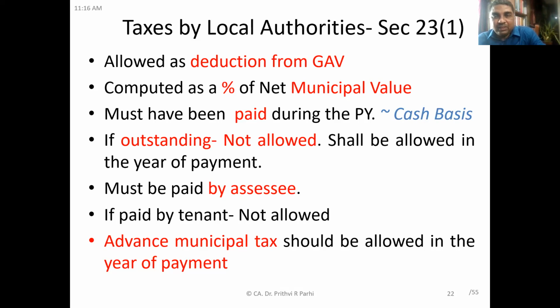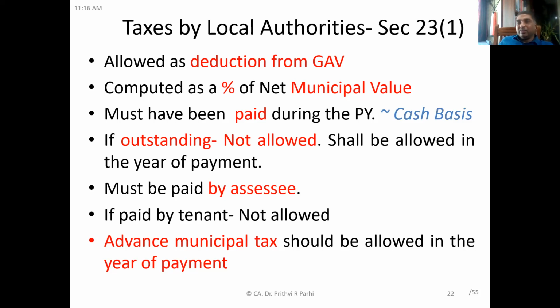And one thing is that it must have been paid. That means this deduction will be allowed only when it is paid during the previous year. Let us say municipal taxes are accrued but not paid, then it will not be deducted. Meaning this expenditure is allowed only on cash basis.